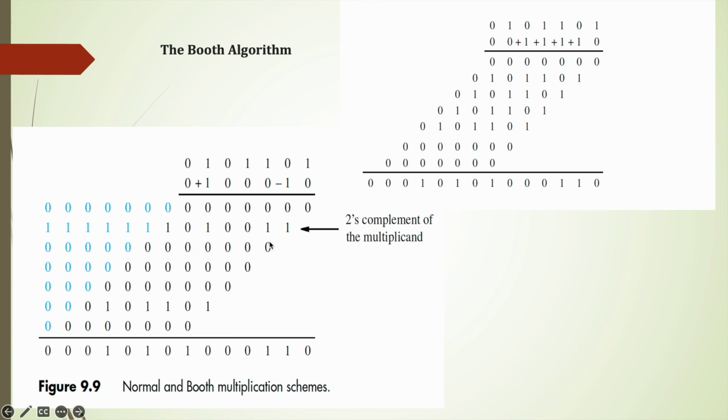For a 0 we'll just use 0 0 0 for 3 loops, and we have plus 1. For a plus 1 we'll simply add multiplicand 1 0 1 0 0 1 and remaining all are zeros. So we'll get partial product like this.